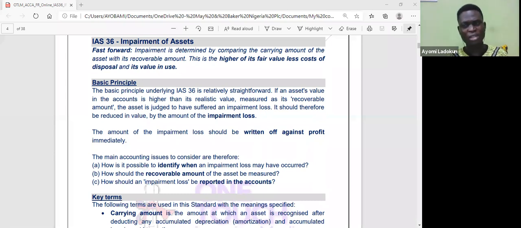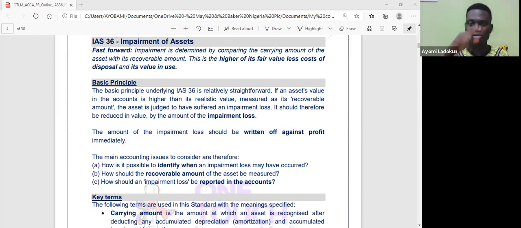For the purpose of the exams, it's going to be around the straight line method. You say cost minus residual value over number of years. Residual value is also known as scrap value or salvage value. What will the asset be worth at the end of its useful life? That's what we call residual value.